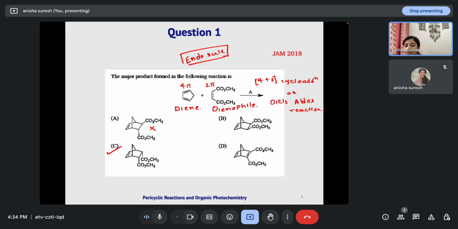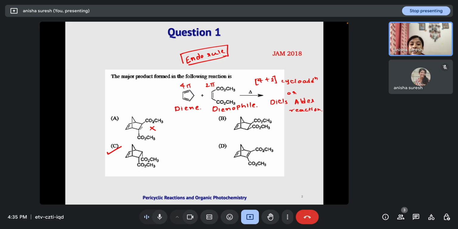Here double bond will also be not there. So option C will be the right answer. So here a 4 plus 2 cycloaddition reaction or a Diels-Alder reaction is taking place between the diene component, which is a 4 pi component, and the dienophile, which is a 2 pi component. Since the dienophile is cis in nature, that cis nature of the substituents will be maintained in the product as well.